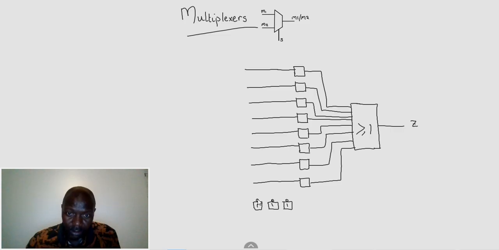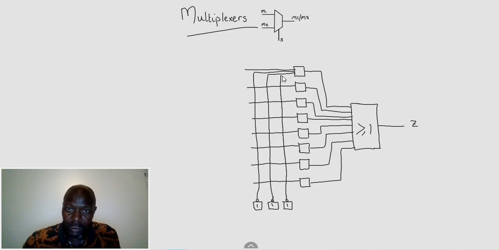Okay, now we have 0, choosing that. As you can see, that's why I said I needed that. So that 0 0 0 will become 1 1 1 and allow D0 out.